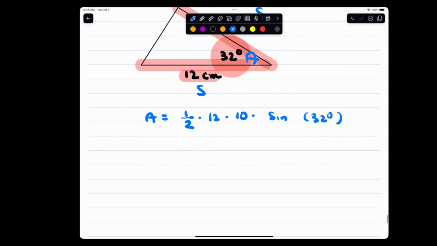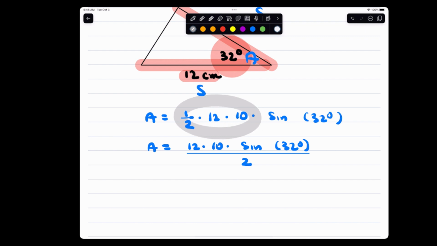Let's do a little bit of arithmetic to make this easier.